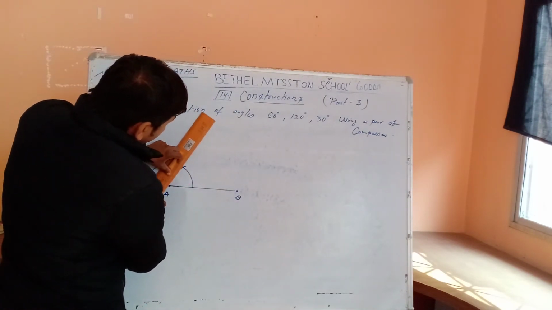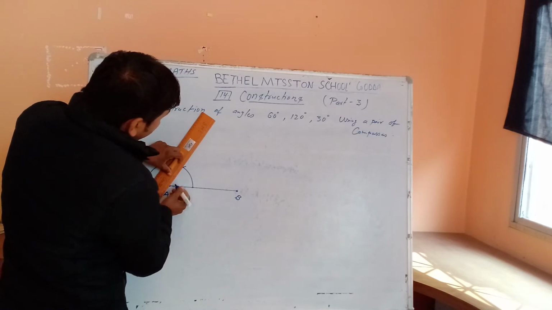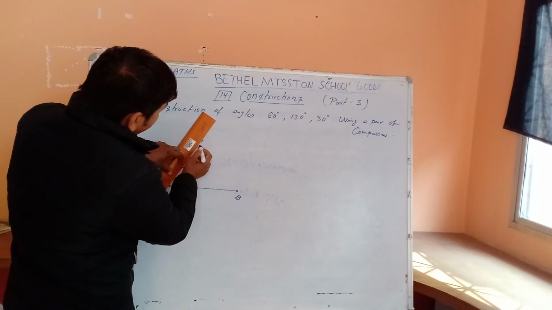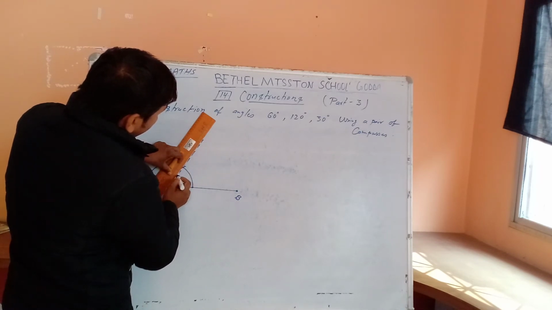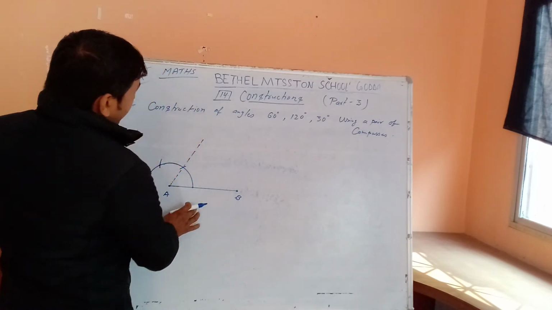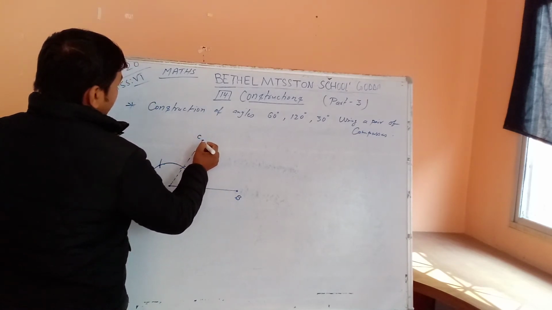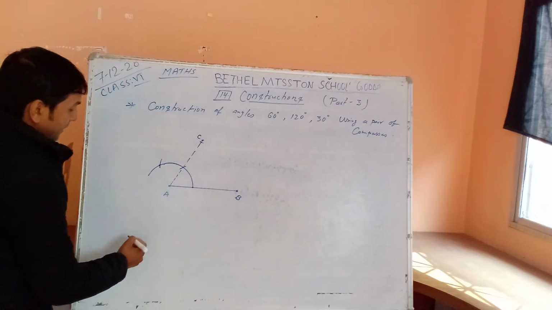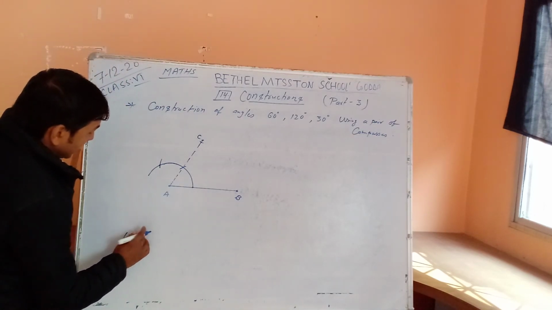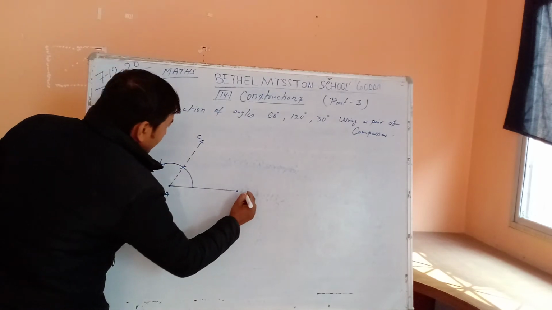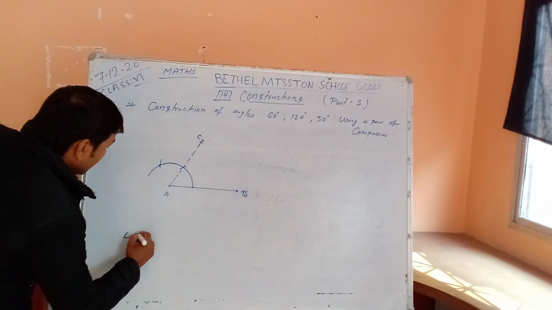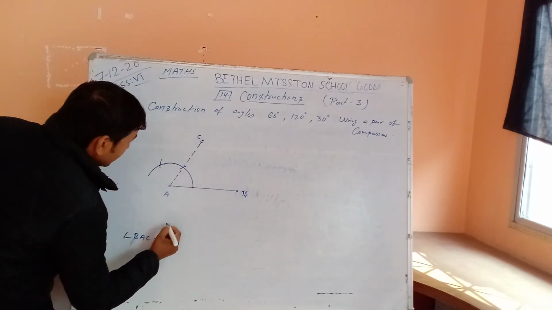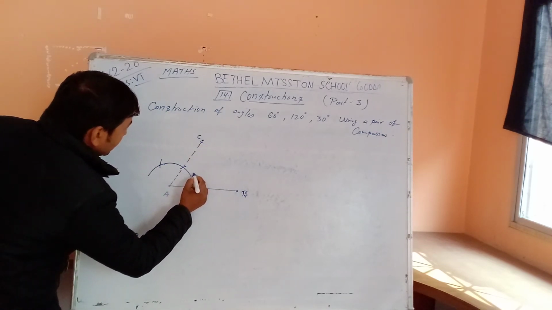If you are asked to draw 60 degree, you can draw 60 degree, that is ABC, you can give the name. Here angle BAC, 60 degree.